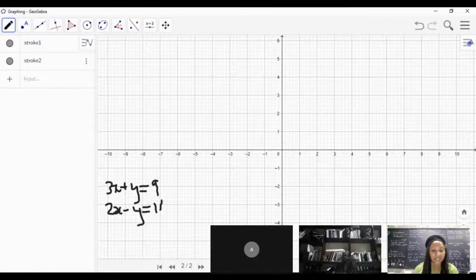So solve it, whether you want to use the matrix method, substitution method, elimination method, any method you want. Solve them, get your values for x and y, and tell me. And then we're going to plug the functions into GeoGebra and see where they intersect for real.